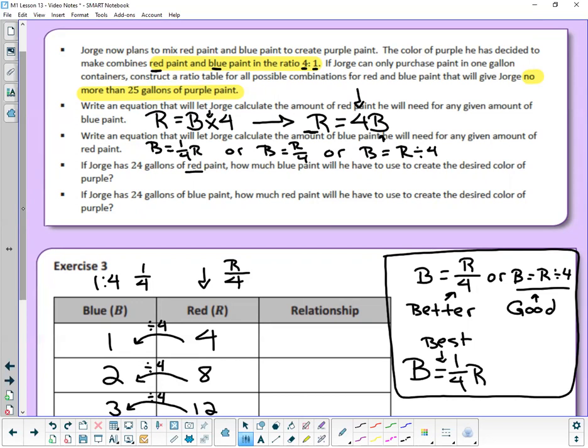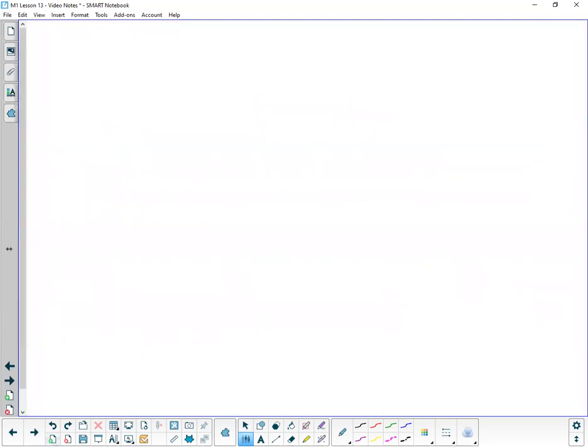So how can we do this? We're going to take the 24 gallons. We know how much red paint we have. So that means we're going to use this equation this time. Because we know how much red paint we have, we need to figure out how much blue. So remember, R equals 4B, and B equals 1/4 R. And this is also B equals R divided by 4.